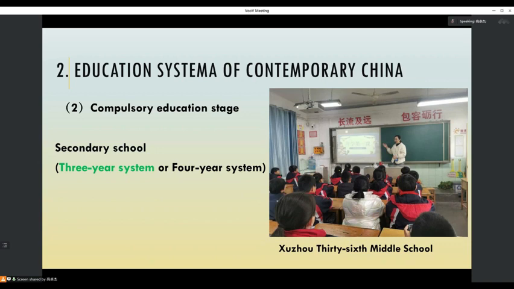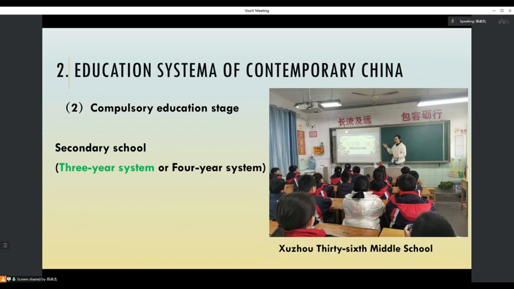It is different in different places. Most secondary schools provide 3 years, and a few schools provide 4 years. It is a system made by the government.